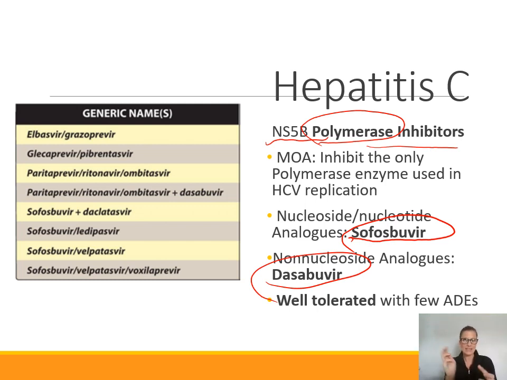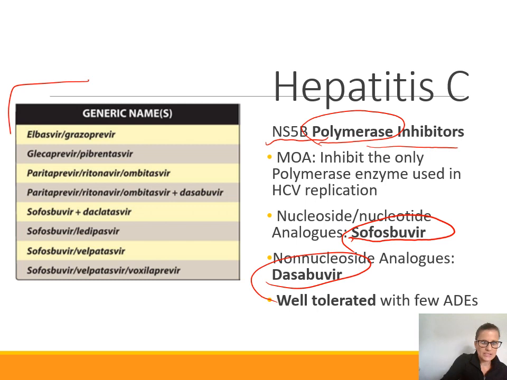But when it binds, it changes the shape of the polymerase and then the binding site's messed up and doesn't work anymore, and the polymerase doesn't work anymore. So the difference between these is just where they bind on the polymerase. But regardless of where they're binding, they both inhibit the polymerase. And then that inhibits viral replication at another step in the process than we saw with the protease inhibitors.